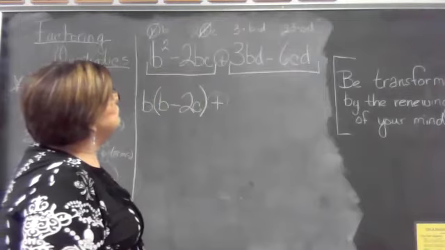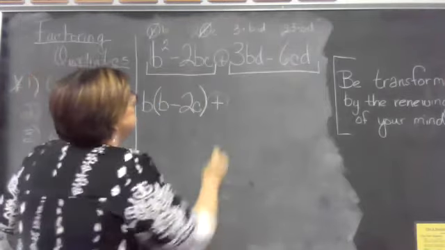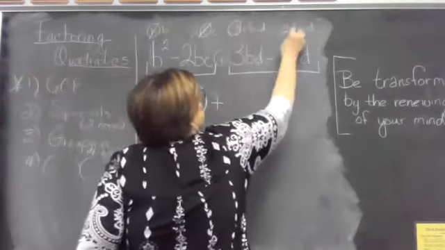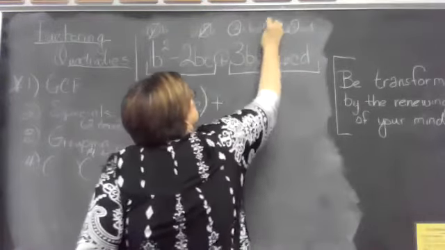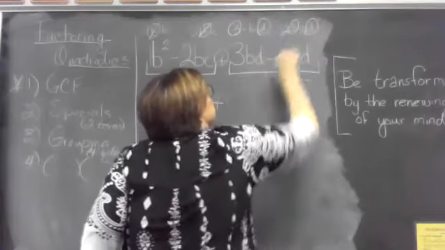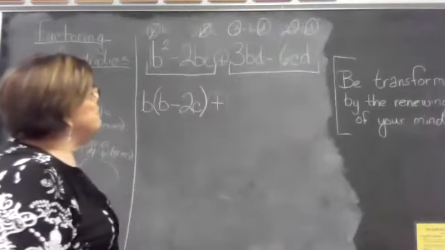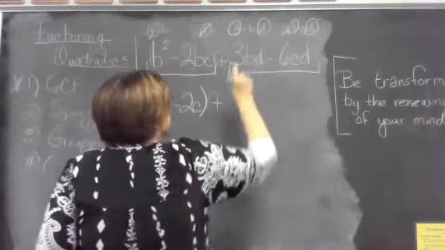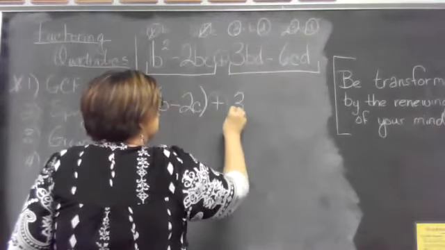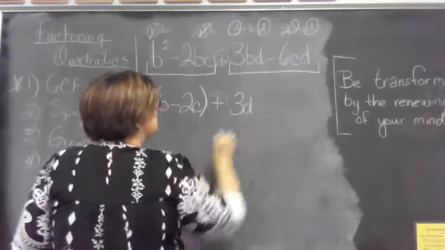So what I'm going to do is try to find matches. Here's a 3, a 3, good. A 3 that matches and a D that matches. Now, when you have more than one thing that matches, you simply multiply them together. So I have 3D as my greatest common factor.